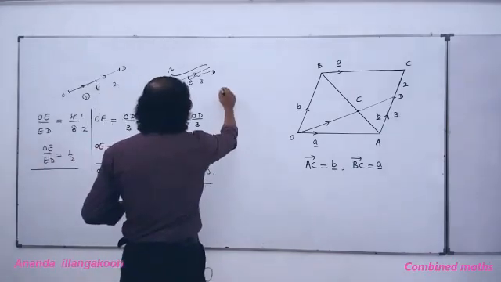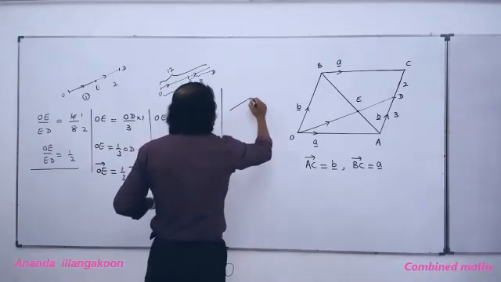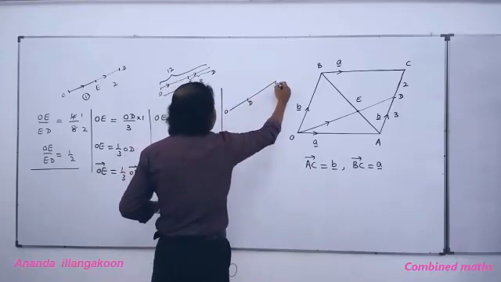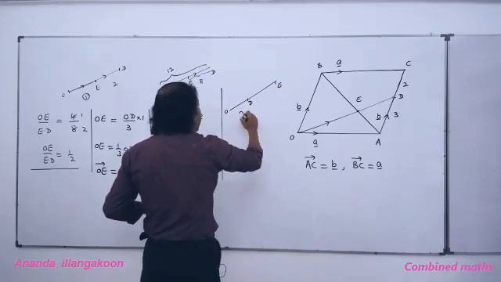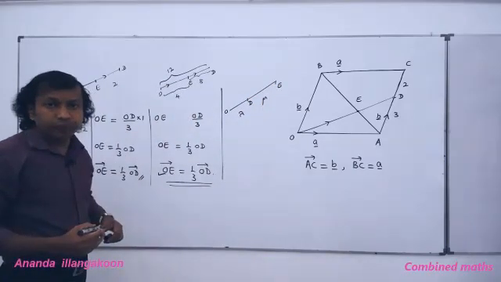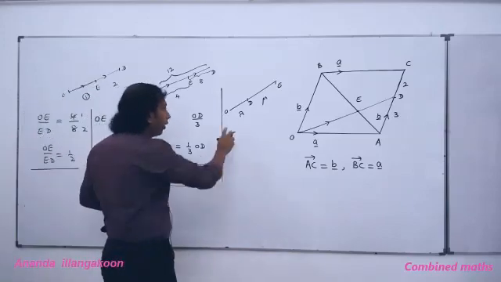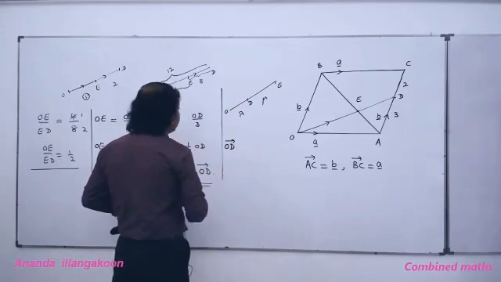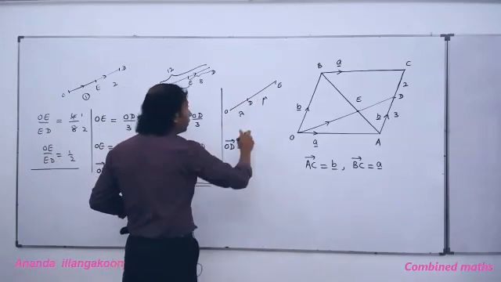Now suppose we have this way O, D, E, the ratio is lambda is to mu. Lambda is to mu. Then can you tell me how to write this OD vector in terms of this OE vector?